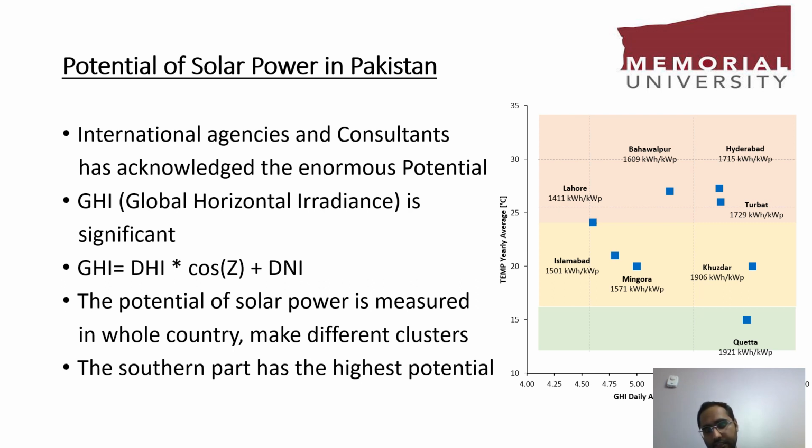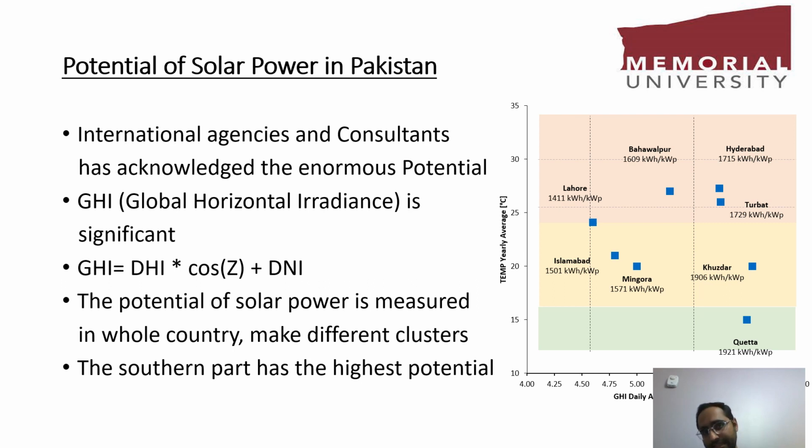One is DHI, diffused horizontal irradiance. It is the radiation which is not received directly by the earth, but comes from the environment. And DNI is direct normal irradiance, which comes directly from the sun in a straight line to the surface.